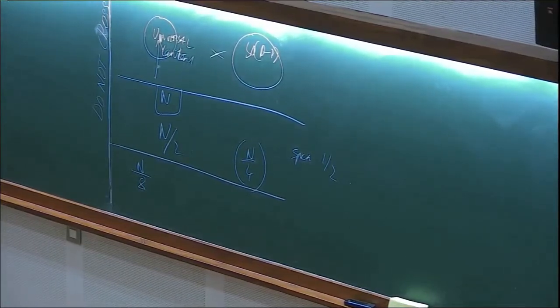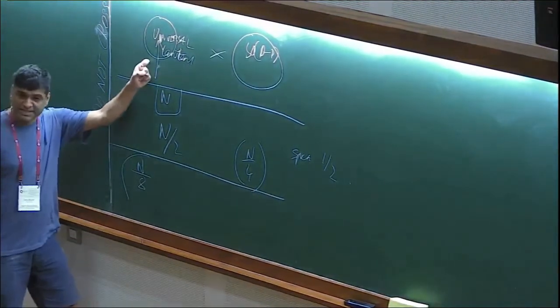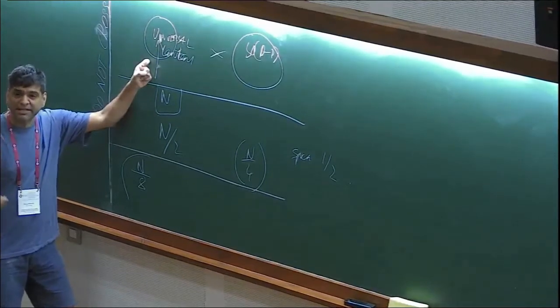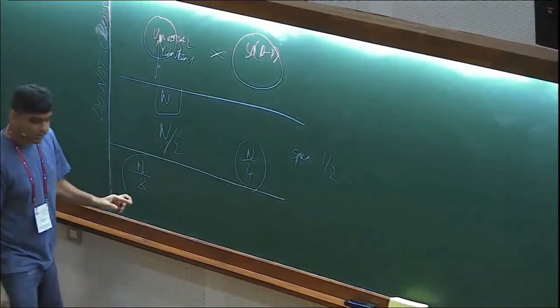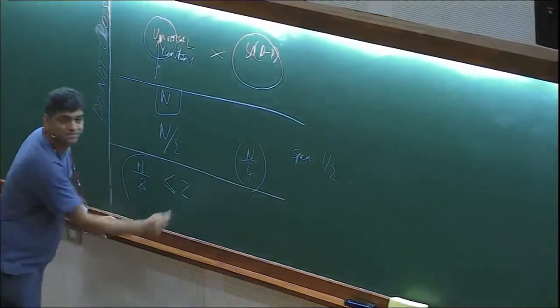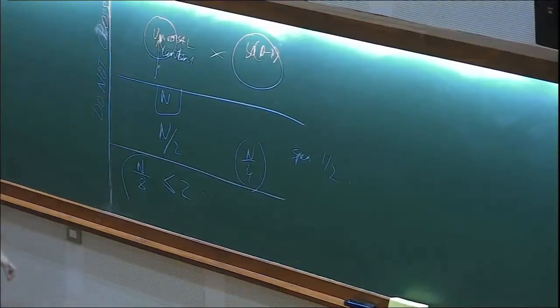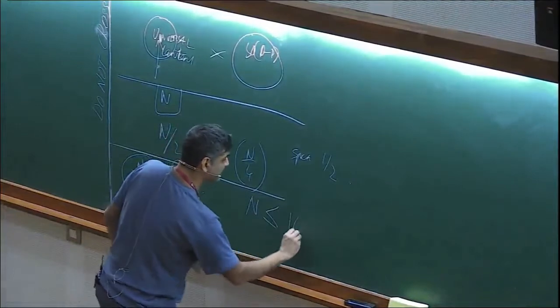Is this clear? And therefore, if we impose the condition that our universal multiplet has no particles of spin larger than 1, then we get the inequality that this has to be less than or equal to 2. And so we conclude that n has to be less than or equal to 16.